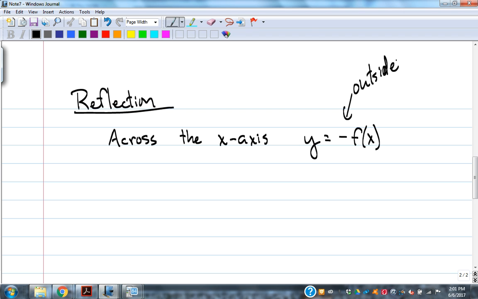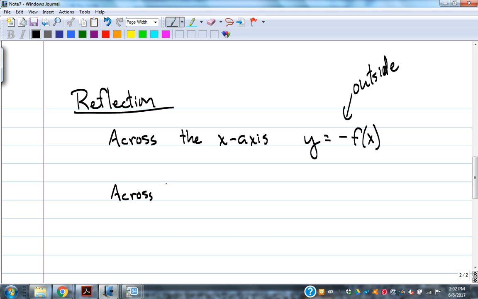If something reflects across the x-axis, remember the x-axis is sideways. It's going to flip it up or down. It's going to be a change in vertical direction. So if something flips across the x-axis, it starts here and flips down here. So it changes things vertically. So that's why across the x-axis is on the outside.